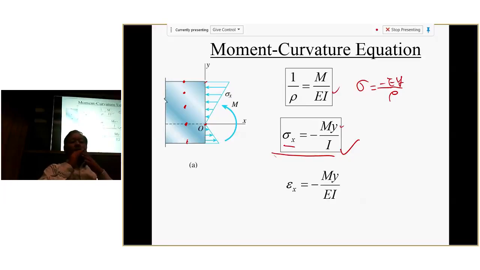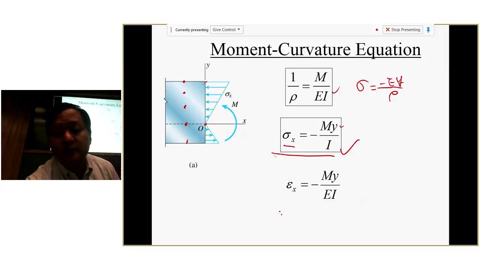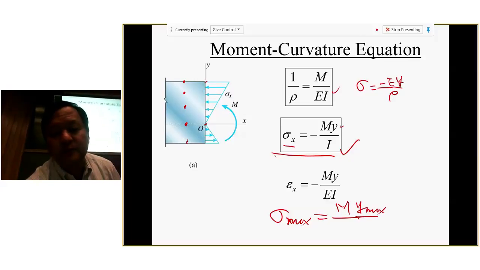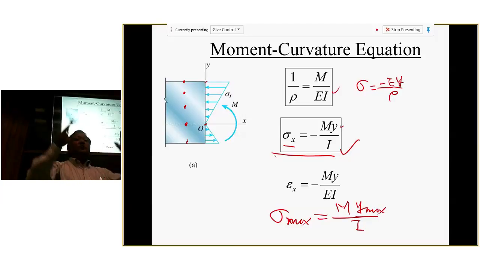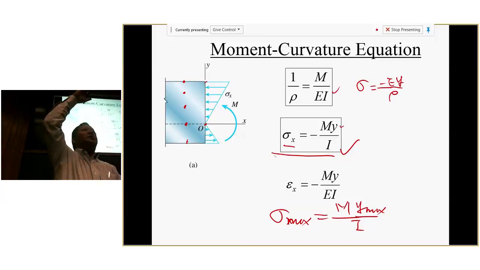Now, what matters most is the maximum stress. So sigma maximum equals M times y maximum, over I. If you bend the beam too hard and it's going to crack, where will the crack start? Where the stress is maximum, either the top or the bottom.